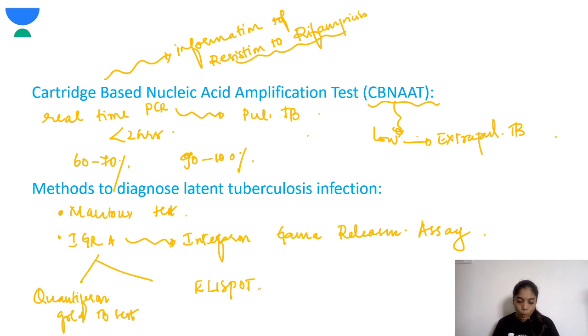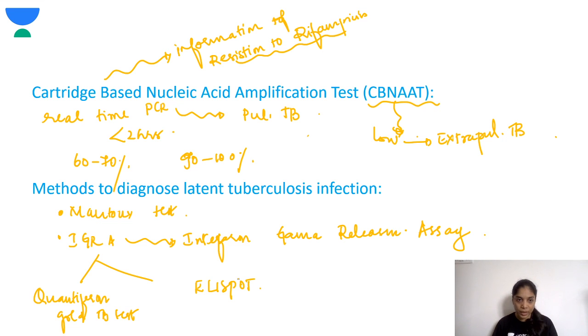What happens is that it estimates the component of cell mediated immunity to Mycobacterium tuberculosis, based on how much interferon gamma is released from the sensitized lymphocytes in the whole blood that is incubated with the specific bacterial antigen.